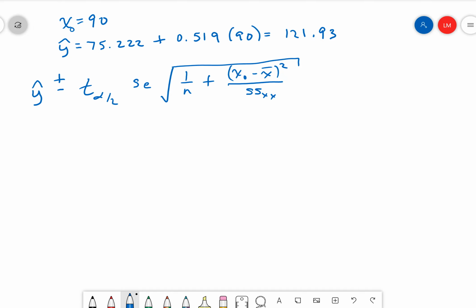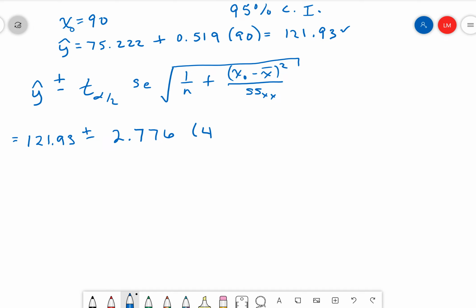So the y hat we got here was $121.93 plus or minus a t. We'll make this a 95% confidence interval. We seem to have the same theme. If you look on the table, as we've done already for our previous confidence intervals for the slope, a t of 0.025 on 4 degrees of freedom gives us 2.776. You can verify that with the table.